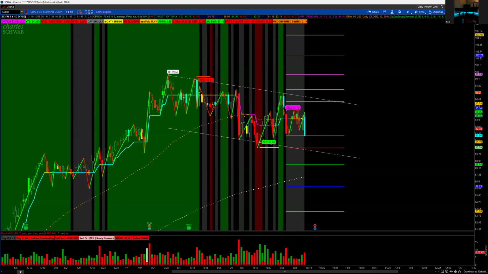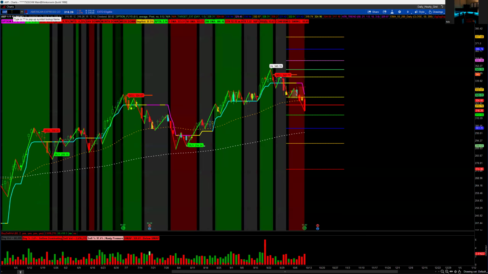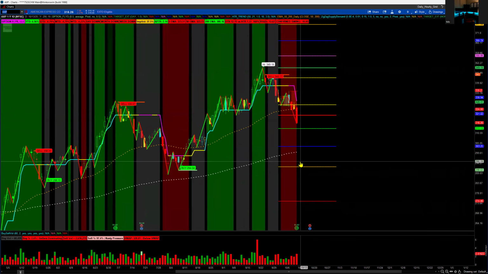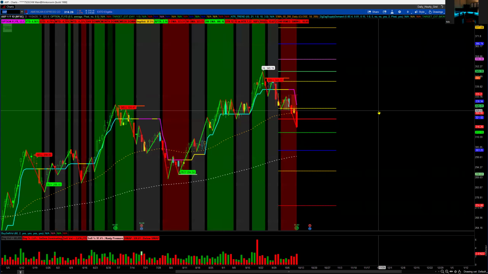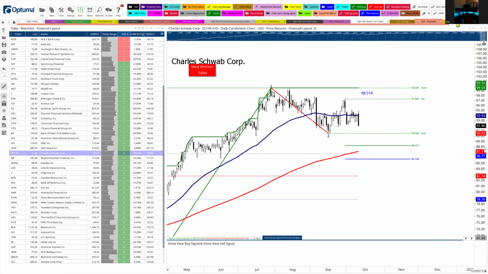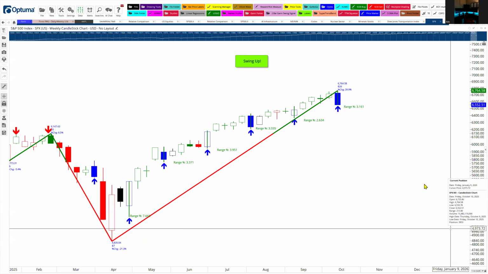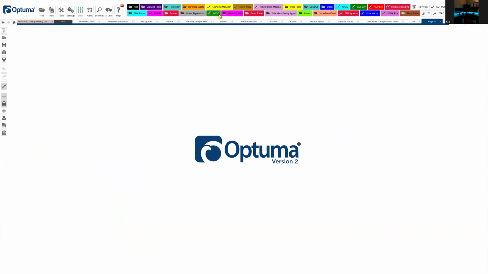Which stock are you talking about? AXP. I looked at it yesterday. It has a sell signal. I know it has a sell signal on the 25th. I have this, I can show you this one.